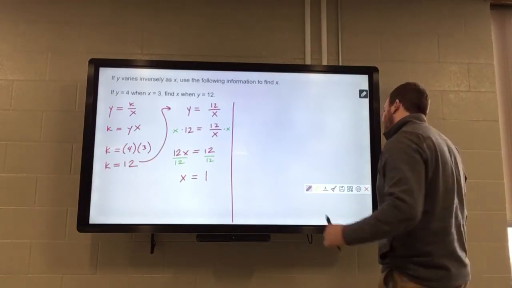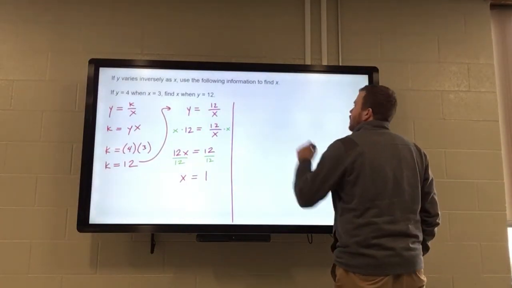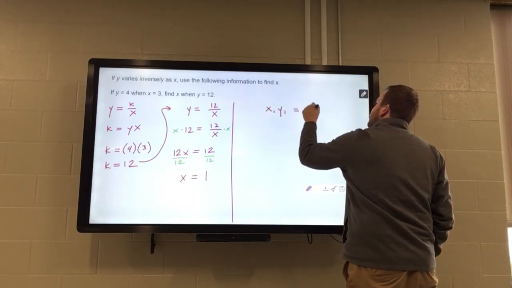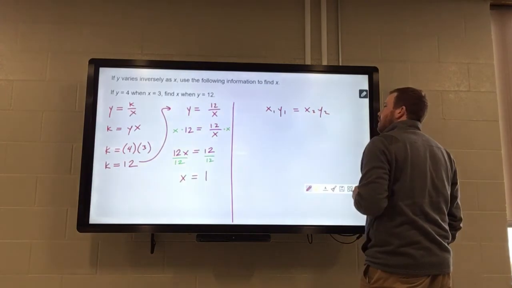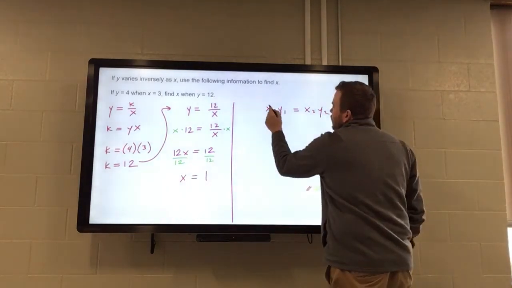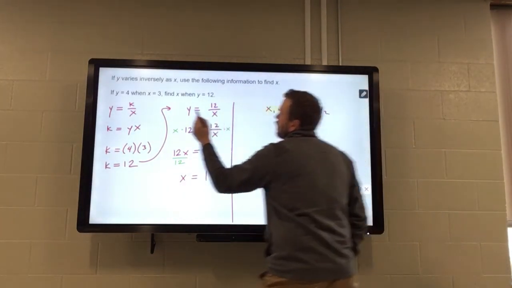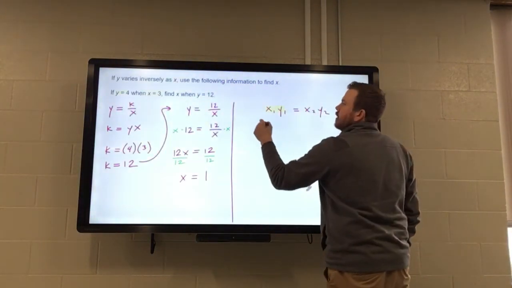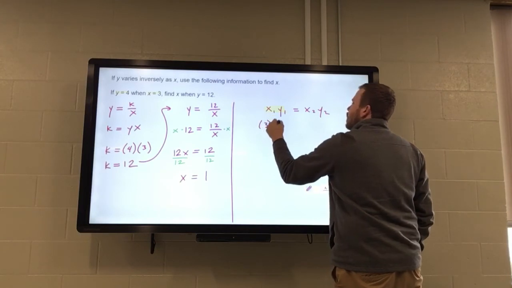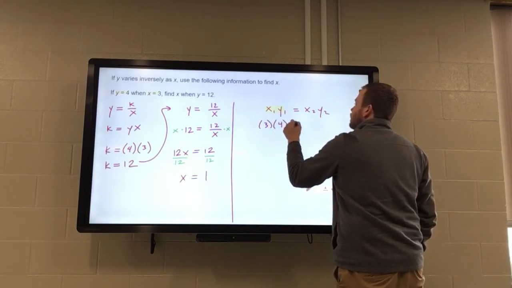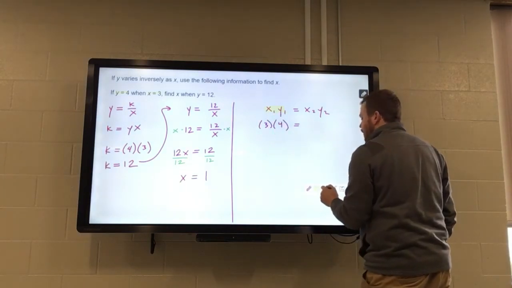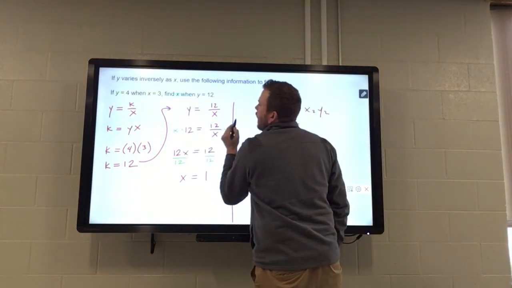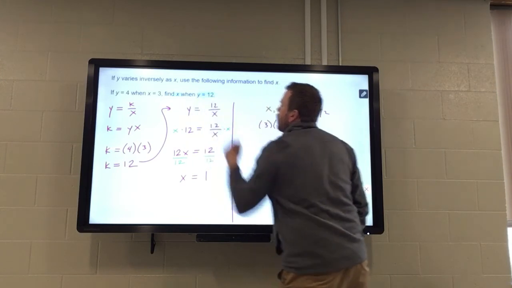Now how about that other method? That other method told us that x1 times y1 is equal to x2 times y2. Well, my x1 and my y1 can be x is equal to 3 and y is equal to 4. So let's plug those in. That's equal to x2 times y2. I don't know my x sub 2, but I know what my y sub 2 could be.